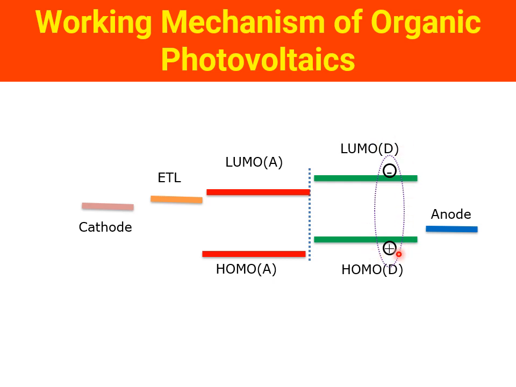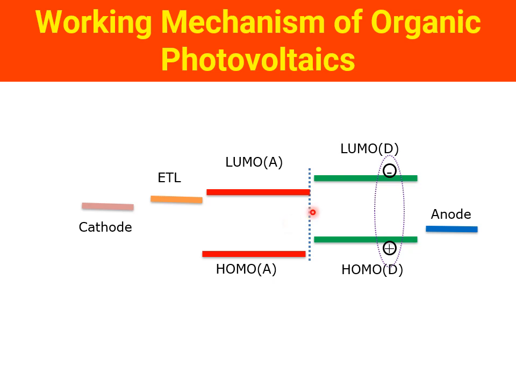We need to provide some external energy or some means to dissociate them into free charge carriers. Only if we split these excitons into free charge carriers can we generate the flow of current, or charge transport, and hence the current.